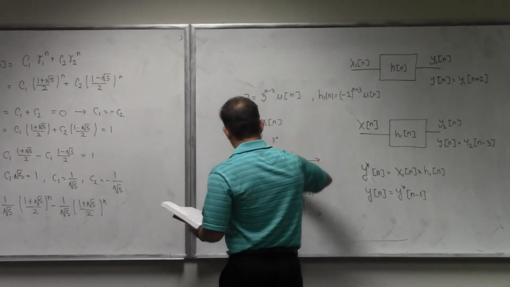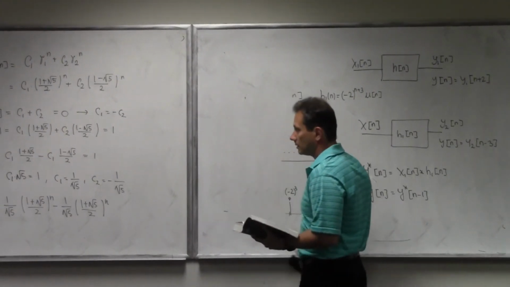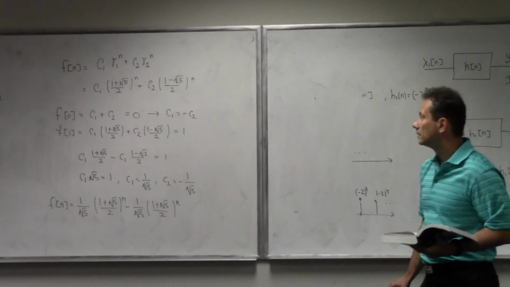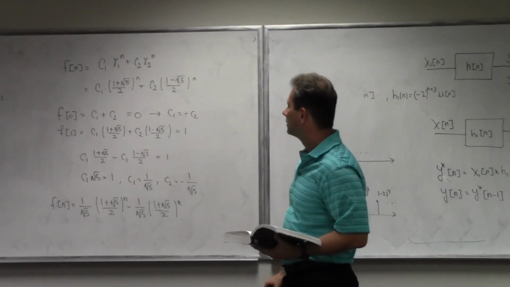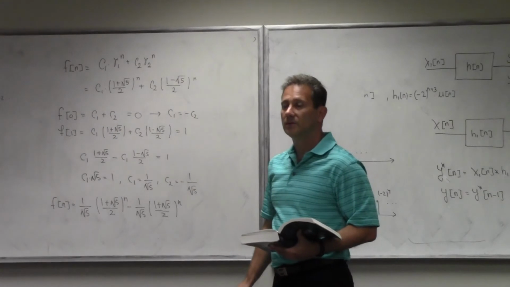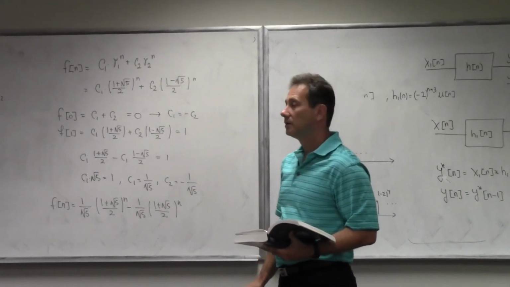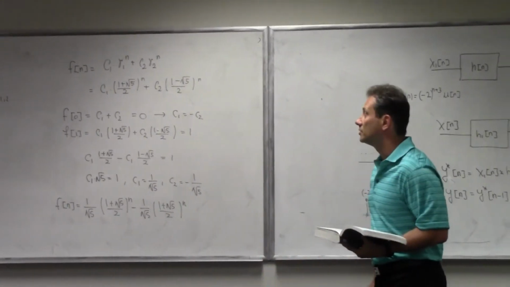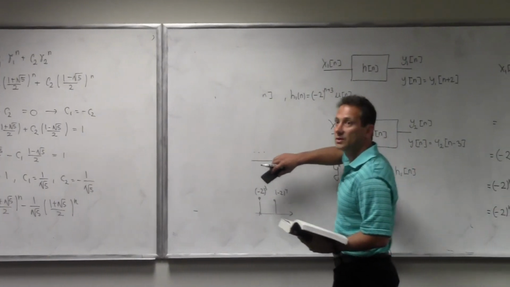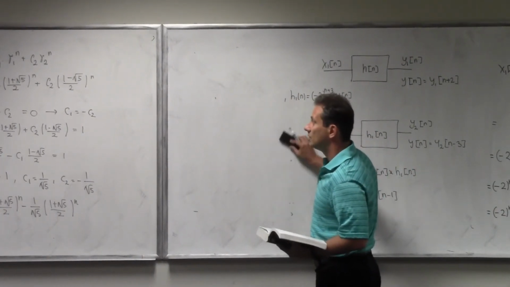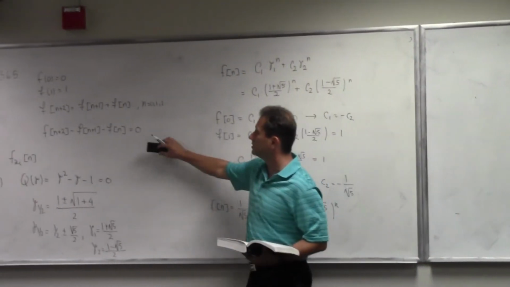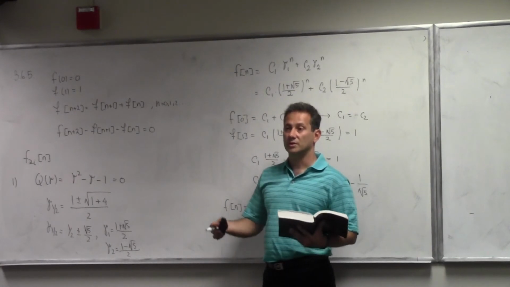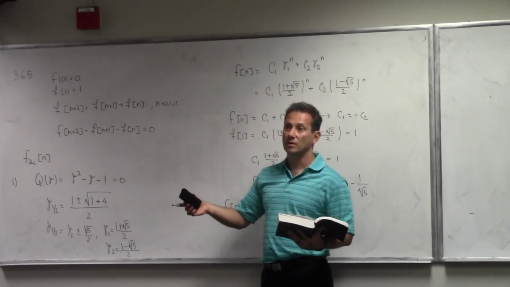I'm sorry, Professor. About the Fibonacci things, before we go to that. Do we need to prove that 0 and 1 are the first and second Fibonacci numbers? That's given to you. If you read the problem, it's given to you. The first two Fibonacci numbers are 0 and 1, and that's how you start the sequence. Otherwise, you cannot determine it uniquely, because this is a second-order difference equation, and you know that the zero-input response of a second-order difference equation has 2 coefficients.